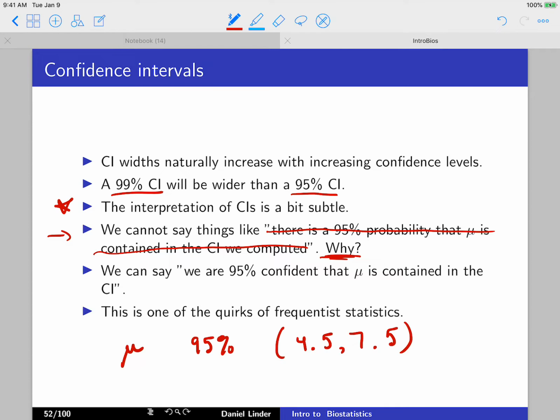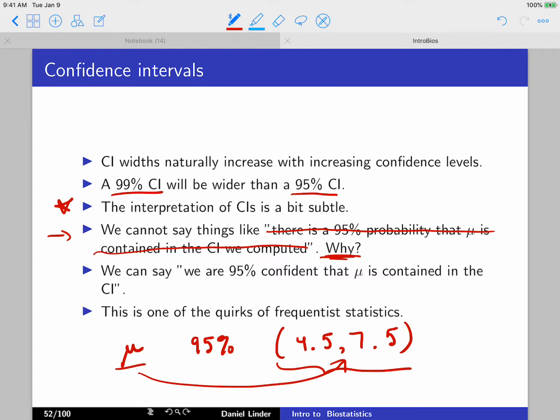The reason that we can't say there's a 95% probability that our mu is in here is because mu is either in there or not.